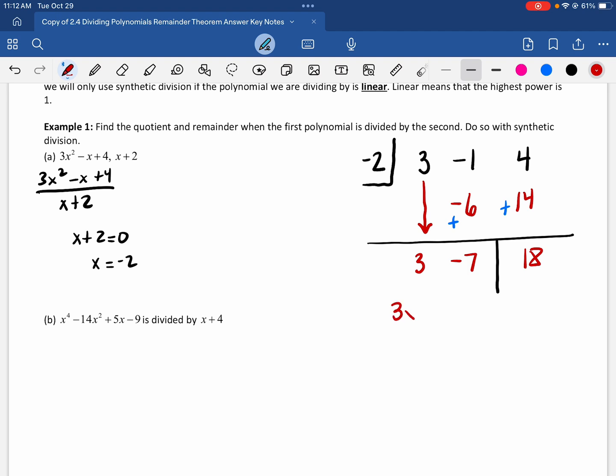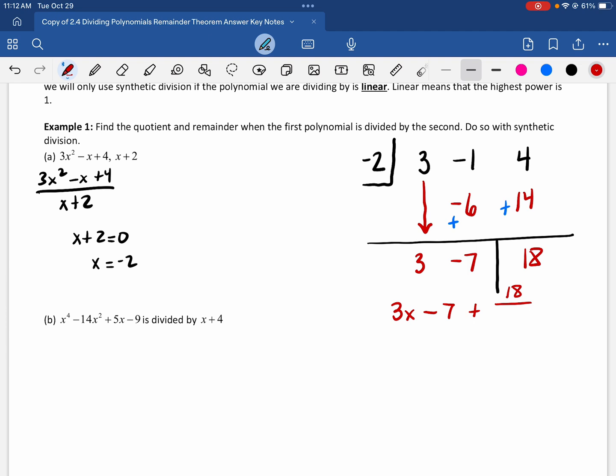So this is going to be 3x minus 7. Now we're going down in order based on those x's. One less than x is not going to have a variable at all, so it's just 3x minus 7. And then we've got to put that remainder, so we put plus 18.